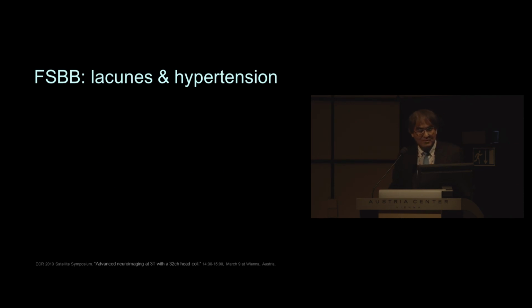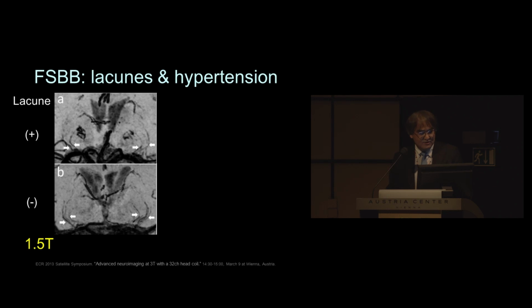Okay, back to FSBB. In the case of lacunar infarction and hypertension, with lacunar infarction present or absent at 1.5T, as you see, FSBB visualizes lenticulostriate arteries quite similarly. However, if you count the number, when there's a lacunar infarction the numbers are smaller than in those who do not have lacunar infarction.